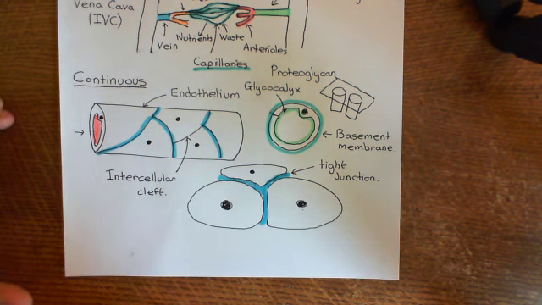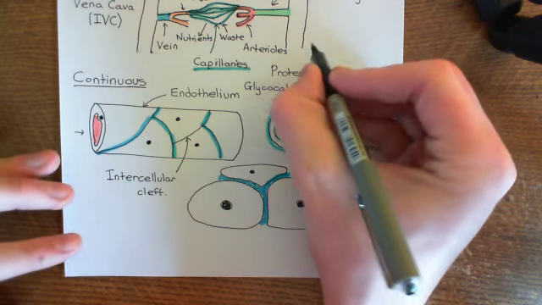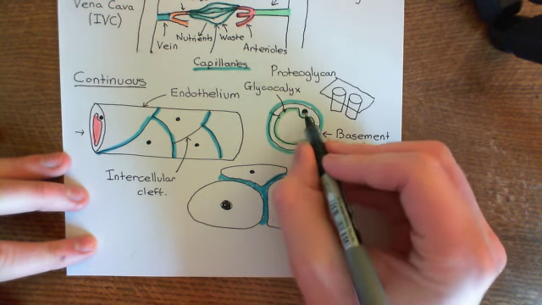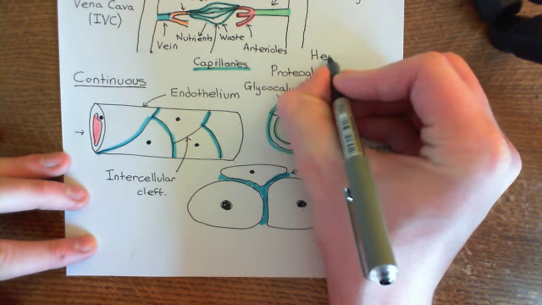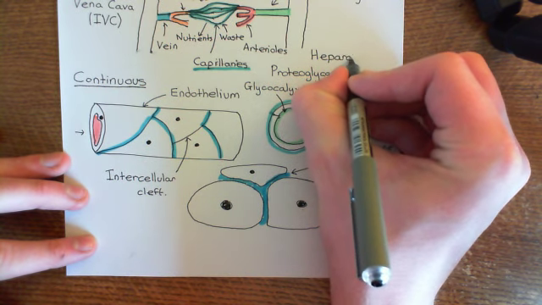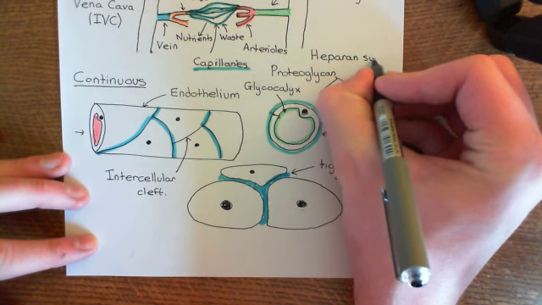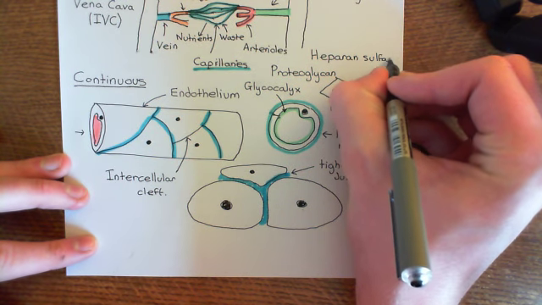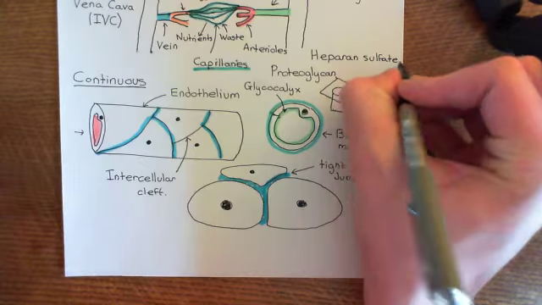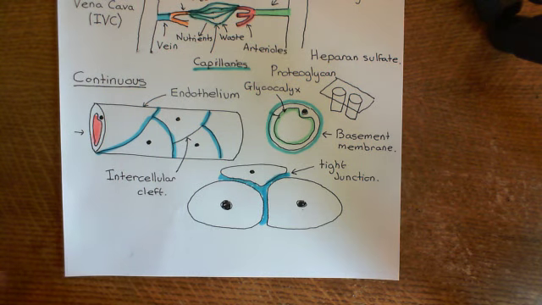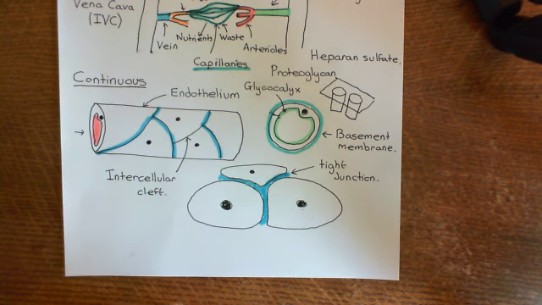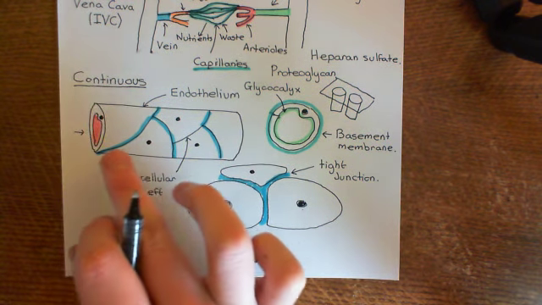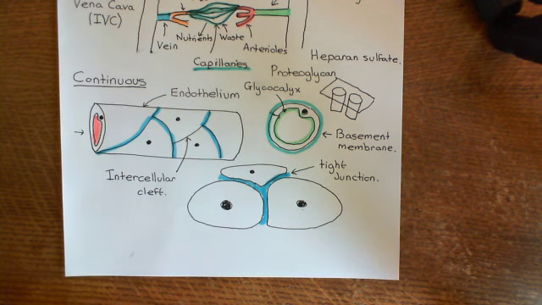So an important example of one of these proteoglycans that's over the surface of the endothelial cells is heparan sulfate. Okay, and heparan sulfate plays important roles in preventing coagulation from occurring in healthy blood vessels.